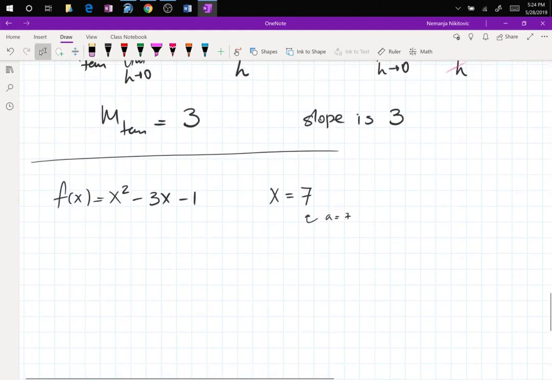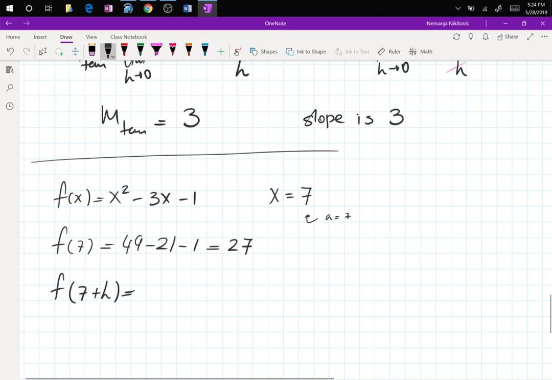All right, so now we have f of 7 to worry about, which is 49 minus 21 minus 1. That's 28, 27. And then we have f of 7 plus h, which is 7 plus h squared, minus 3 times 7 plus h, minus 1.